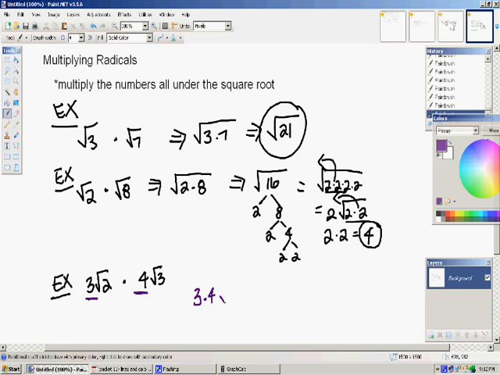So it's going to look like this, 3 times 4. And you're also going to multiply the numbers here under the same radical, so 2 times 3. And let's go ahead and simplify. This 3 times 4 is 12. 2 times 3 is 6, and 6 can't be broken down even further or simplified even further. So this is our final answer.